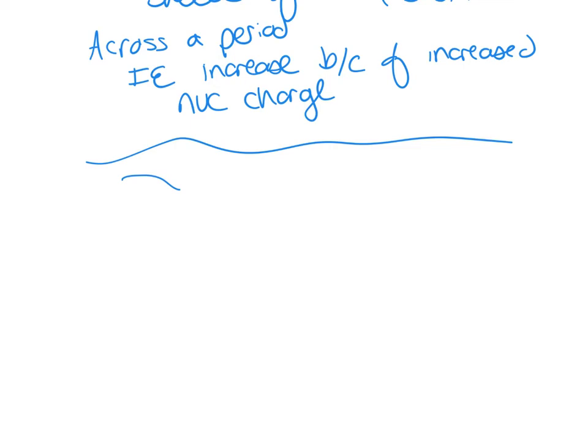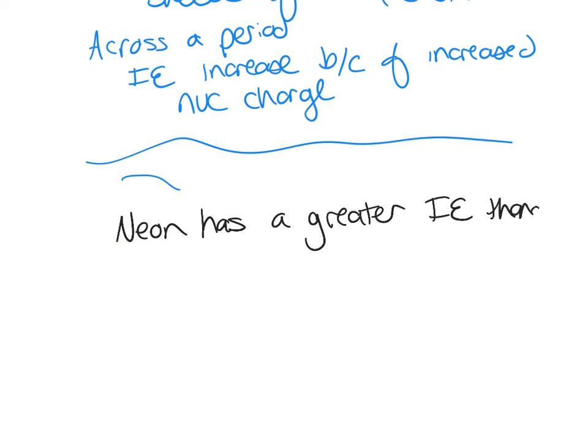So if I ask you to say, okay, neon has a greater ionization energy than fluorine, because, okay? That is true. Neon has a greater ionization energy than fluorine, and it's really something that the AP exam is probably going to tell you, okay? They're probably going to tell you and then ask for a reason why.